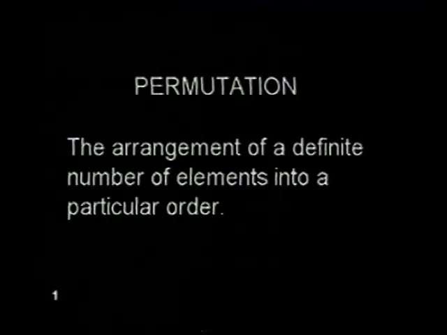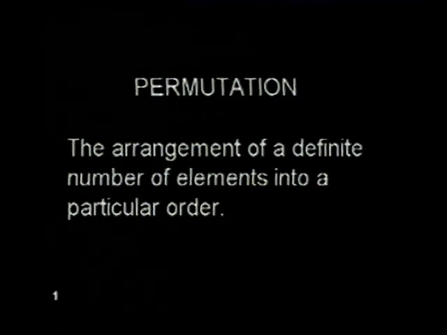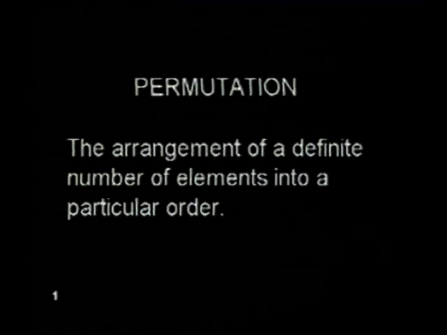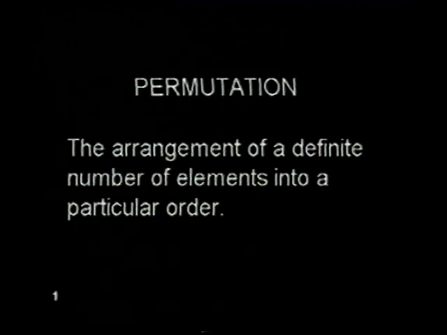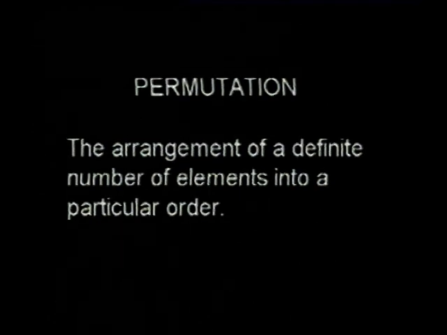Using permutations is a much quicker method. Remember that a permutation is the arrangement of a definite number of elements into a particular order. To solve a permutation, first determine the number of elements in each member of the given arrangement. Then multiply those values.